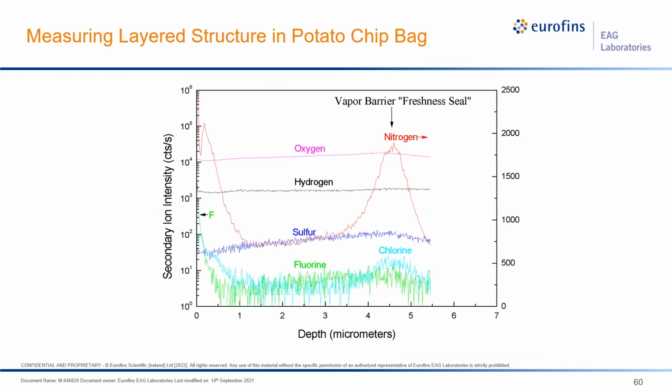The scientist in us makes us go and look at that bag from the surface into the bulk of the film, and we find that the reason this potato chip is very crisp is because there's a nitrogen containing layer in this bag that acts as a vapor barrier.